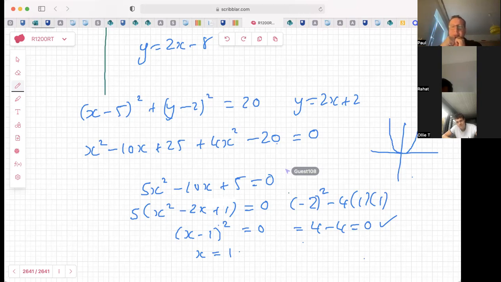To the right, because remember, it's what x is that matters. X is going to be 1, and 1 minus 1 is going to give 0. So x minus 1 squared is x squared moved to the right.